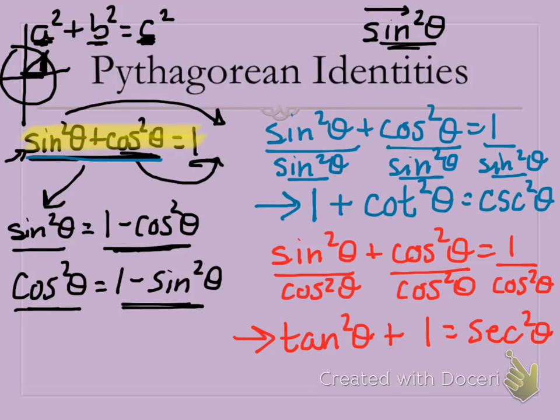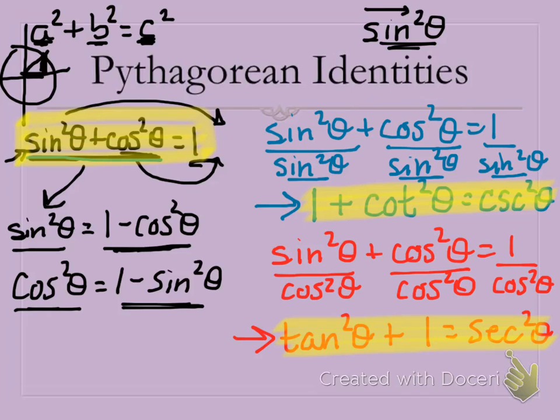Sine squared plus cosine squared equals 1. 1 plus cotangent squared equals cosecant squared, and then tangent squared plus 1 equals secant squared. But all you really need to remember is just this one.